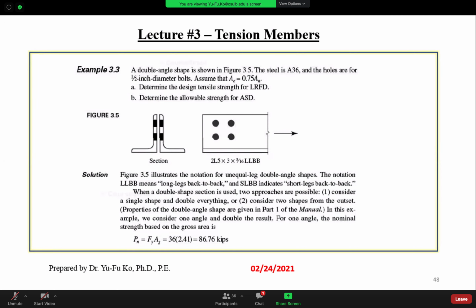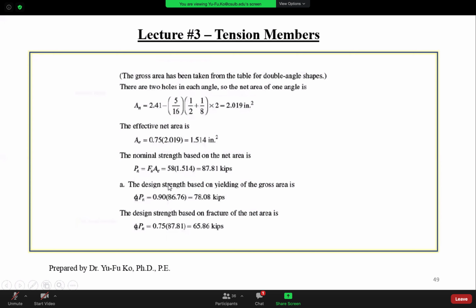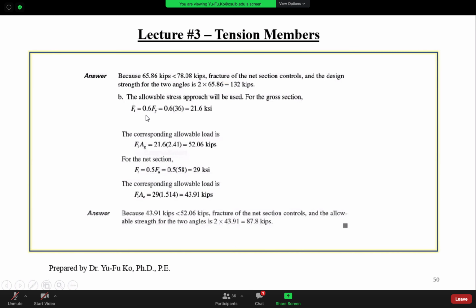Any questions or discussions? I did have a question on part B. Okay. When you were solving for the allowable stress approach, you did the Ft times the 0.6 Fy. This is by the specification. This is from the specification equation. All right. I just wanted to make a note in my notes. Okay. Yeah, this is based on the code requirements. So it's nothing special. It's the equation. So allowable yielding is 0.6 Fy. Allowable fracture stress is 0.5 Fu. So this is by equation, by code. So nothing special.